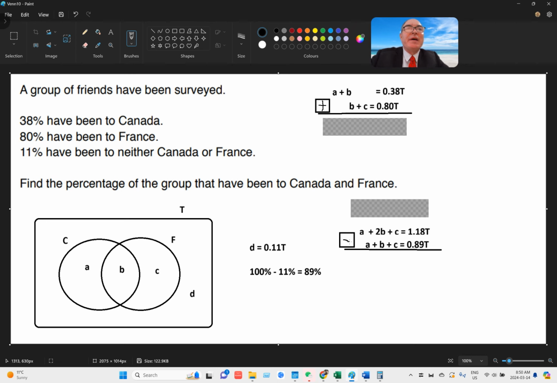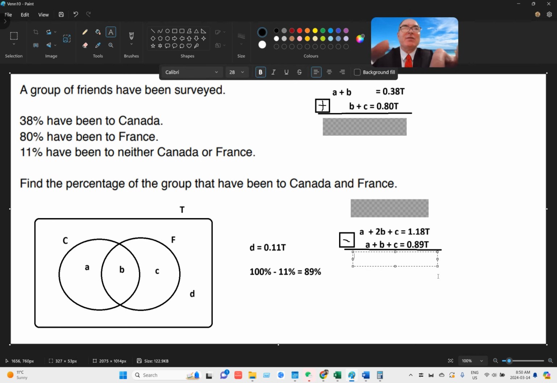When I put a minus sign in there, that means I'm going to take this equation and subtract this equation. And what's left? Well, A take away A is no more A's. 2B take away B is just B. C take away C is no C's.